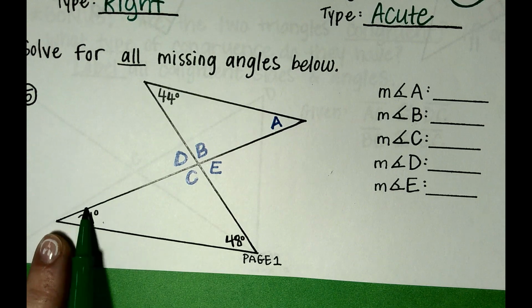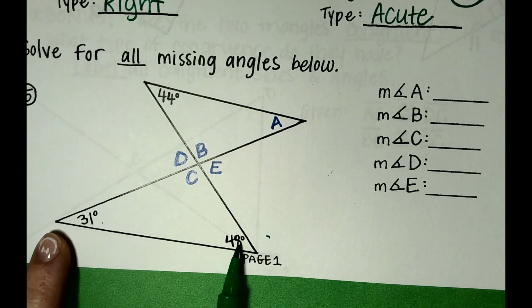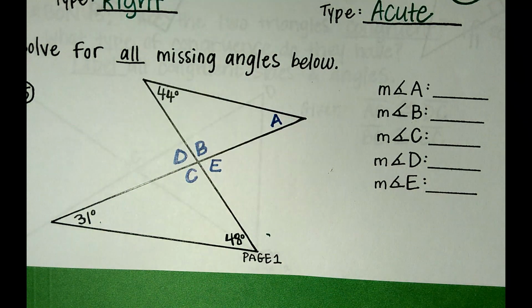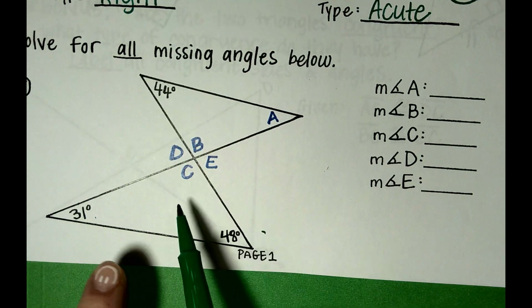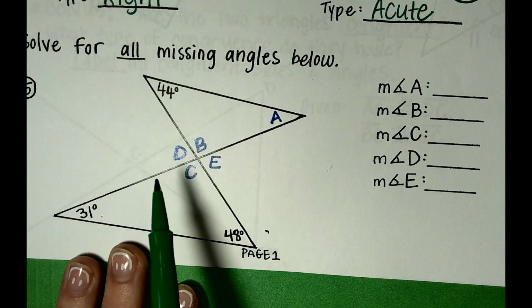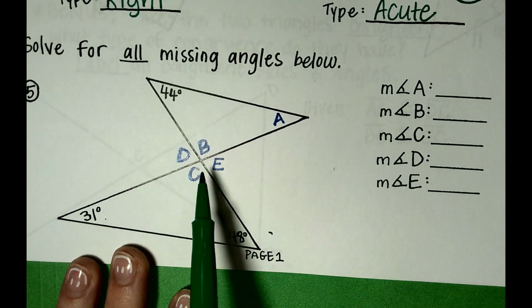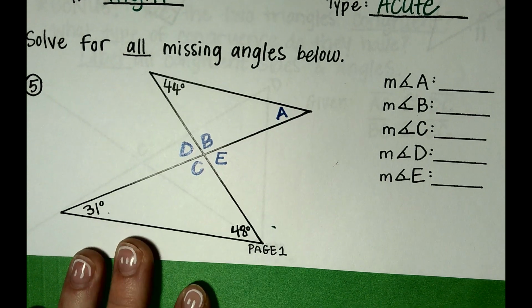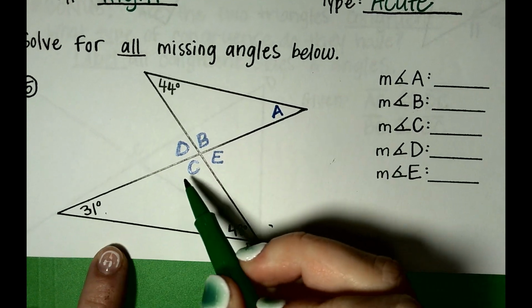Yes, we can add these two together, or we could add all three together, and we know that they equal 180 degrees. So let's set up an equation. I know C plus these two are going to add up to 180. So let's just start with that.